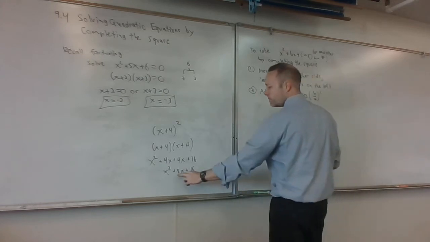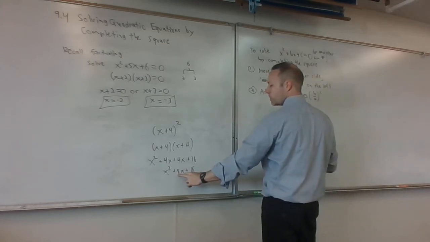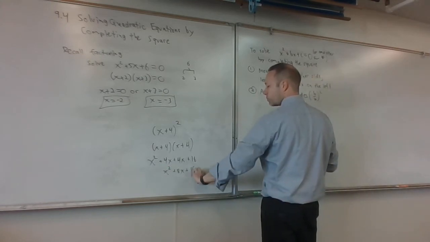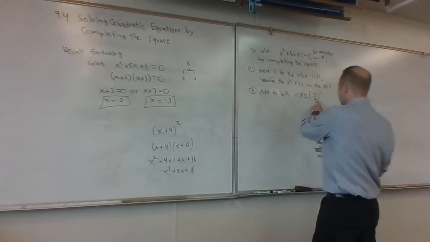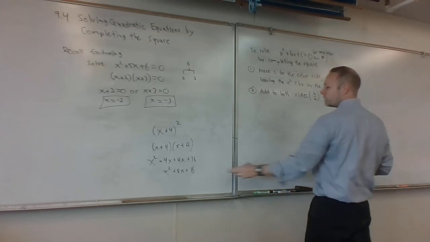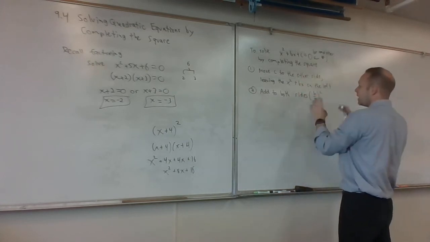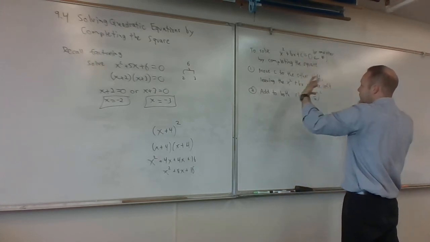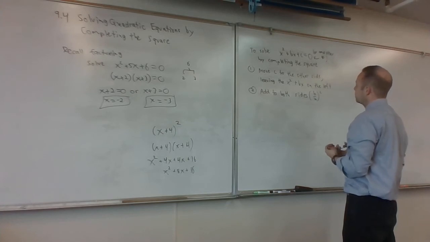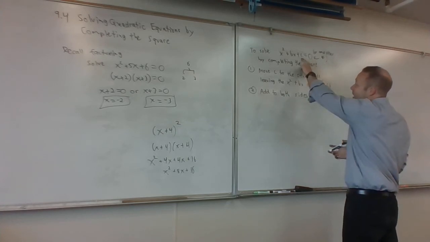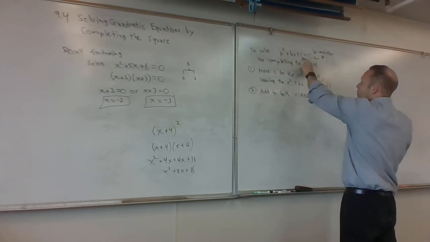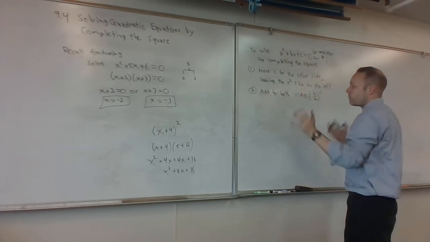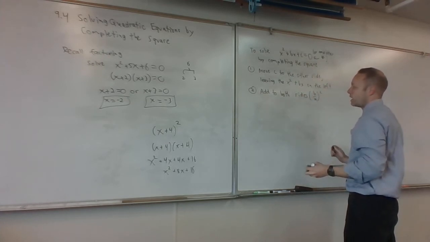Because if this middle term is the square root of the first times the square root of the second, doubled, well, we undo the doubling by dividing by 2, and we undo the square rooting by squaring, and it creates the right c value to have a perfect square. Maybe what we started with is not a perfect square, but if we add this to both sides, we will now have on the left-hand side the right pattern to have a perfect square.